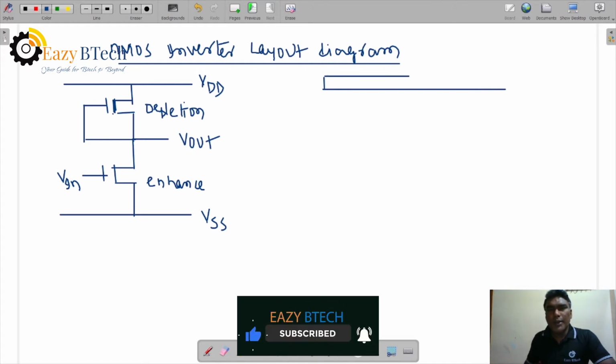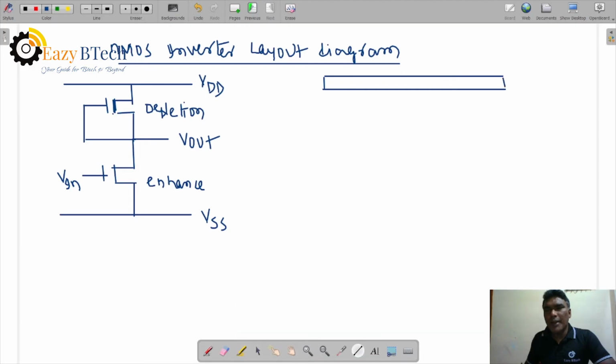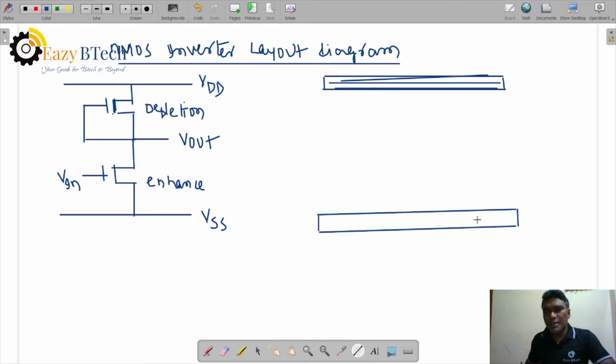We are using metal 2, blue layer. How can you represent metal 2? Horizontal lines. Below one is VSS, above is VDD. This is a horizontal line, metal 2.